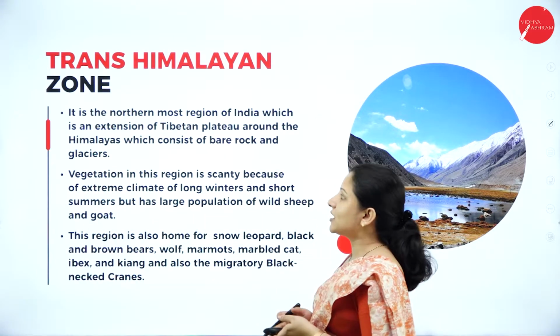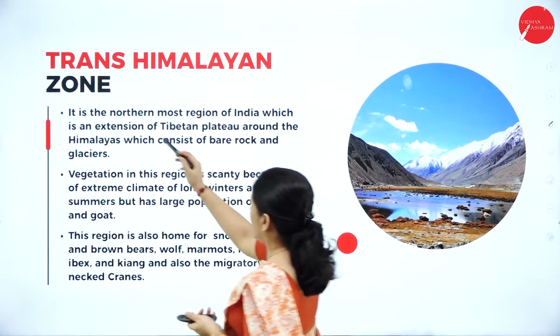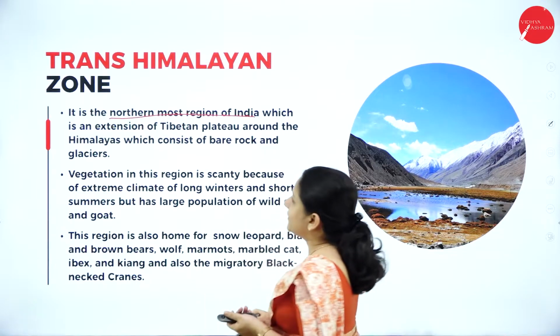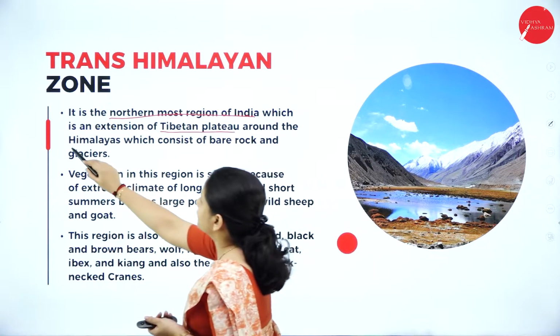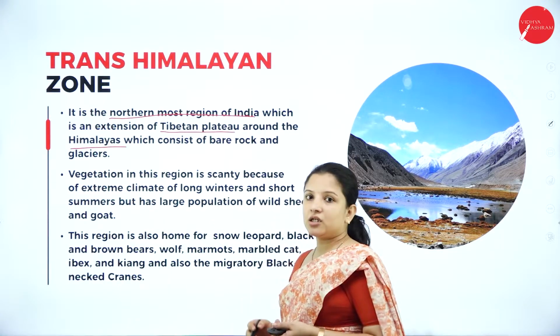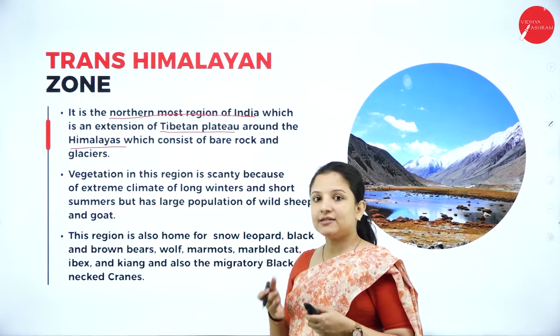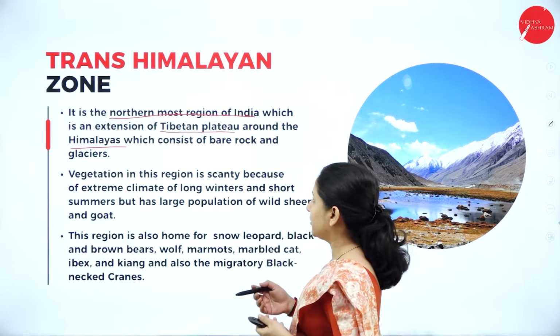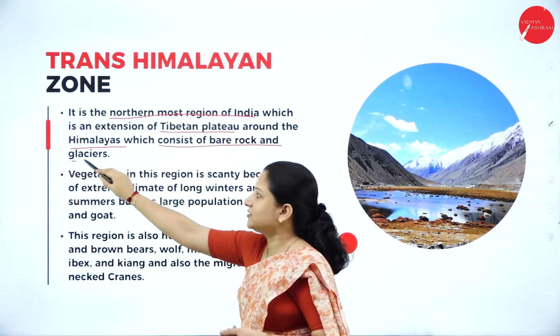So talking about the Trans-Himalayan zone. It is present in the northernmost region of India, and it extends from the Tibetan plateau and continues to the Himalayas. Here the vegetation is very less, that is, plant species are minimal, and most of the time it consists of bare rock and glaciers, that is, ice.